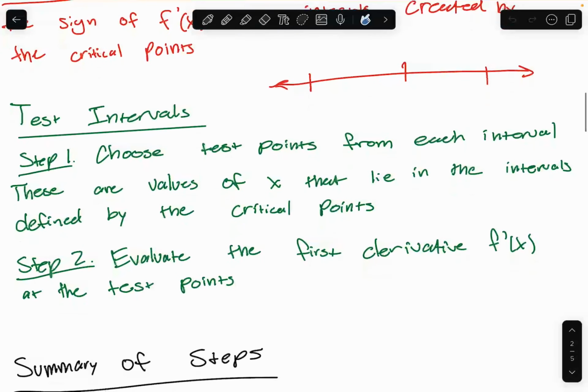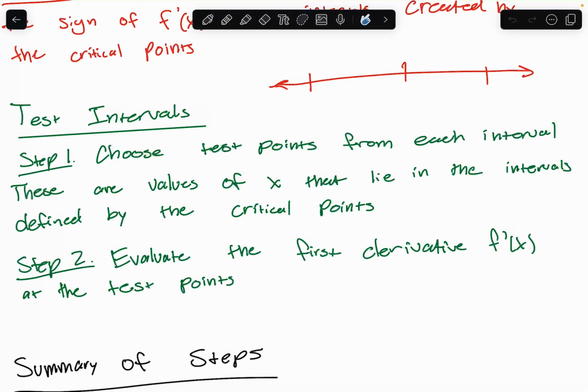And so once we have found the critical points, we set them up on a number line. And after that, we choose our test points. These are the steps that we take when we are using those test points. Step 1, choose the test points from each interval. These are values of x that lie in the intervals defined by the critical points.